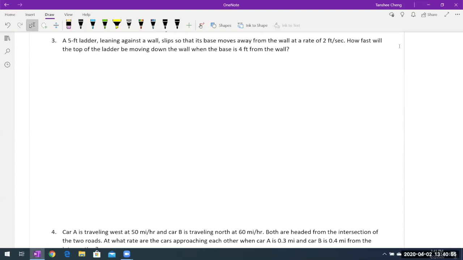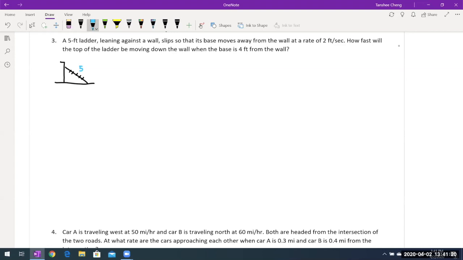So here's the wall, and here's my ladder. I know the fixed number right here is the ladder. The length of the ladder is never changing. So that will be my thought.